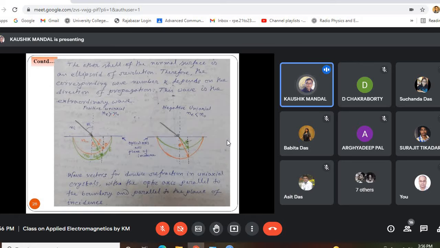In a uniaxial crystal, as per our previous discussion, one shell is a sphere and another shell is an ellipsoid. If the ellipsoidal shell is outside the sphere, you can say this is the case of a positive uniaxial crystal.